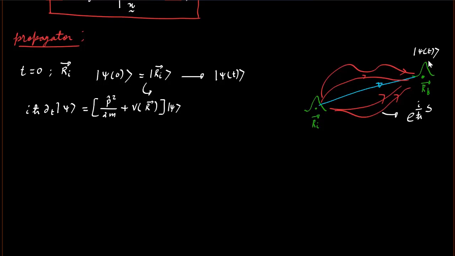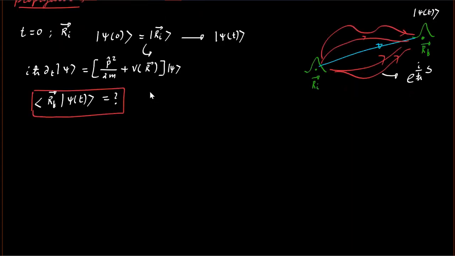And then whenever we operate on this state with the position vector, we can find the probability of finding the particle, or the spreading of this wave packet, at this final position. So what we want to find is r of f with psi of t equal to what? This is what we want to find.